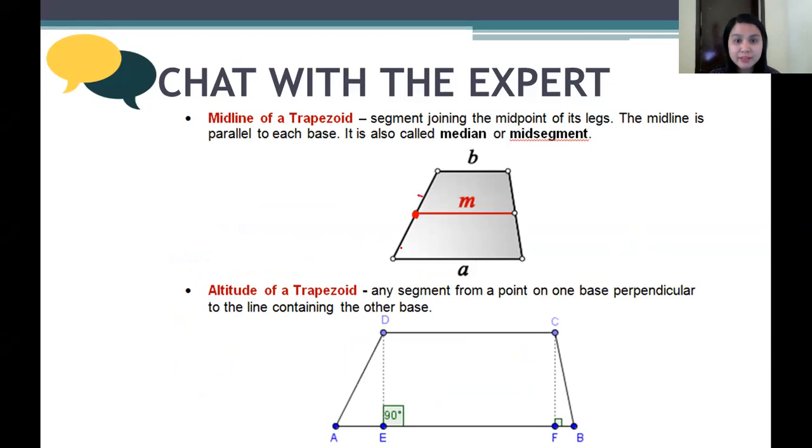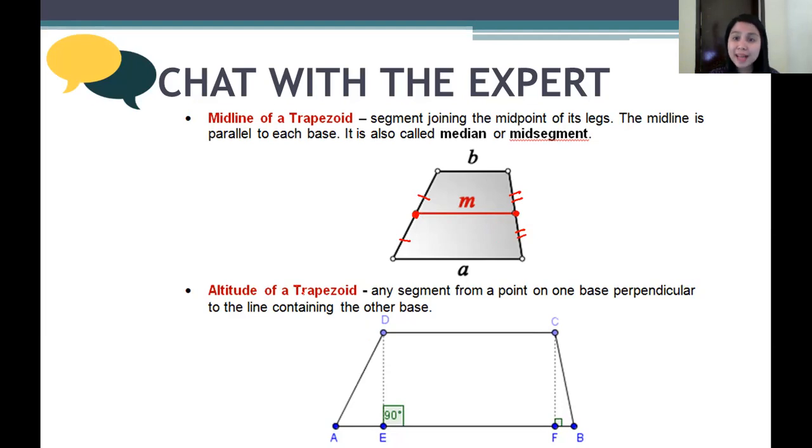So this part and this part are equal. If this is the midpoint, then this and this one are equal. So the line that connects the two midpoints of the legs, we call it the midline. Or for some, they call it the median or mid-segment.